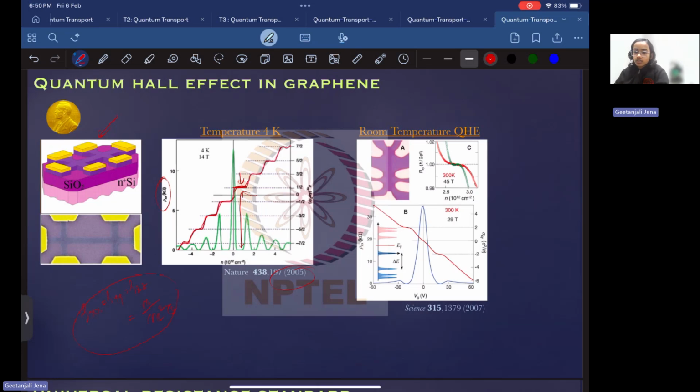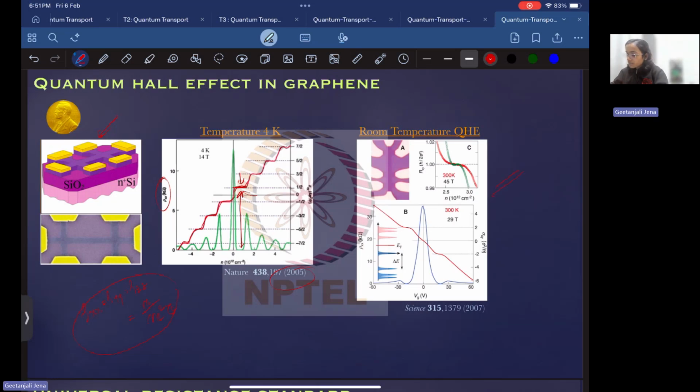So there is no electrical current that will flow through the bulk. Only the edges of the sample will support the electrical flow. Because of the insulating bulk, there will be no scattering of the electrons, no back scattering, and so we'll see that the longitudinal resistivity becomes zero in the plateau region.